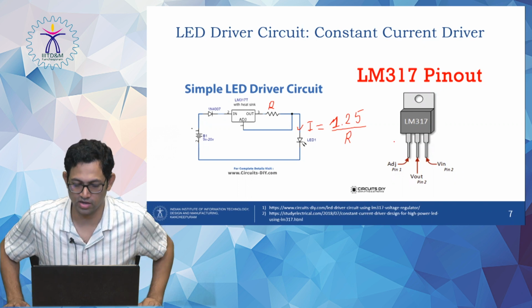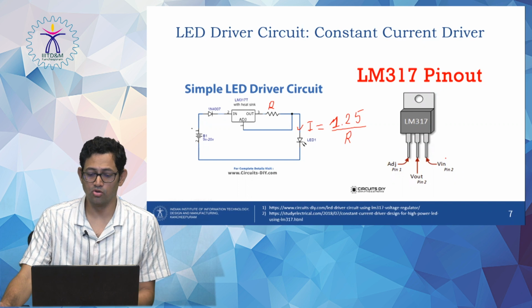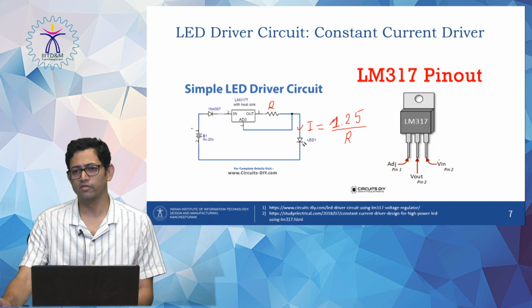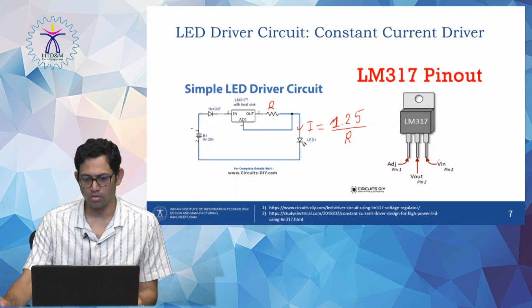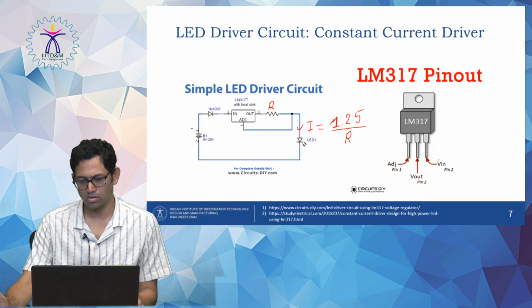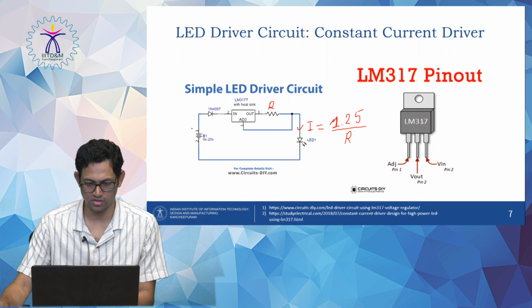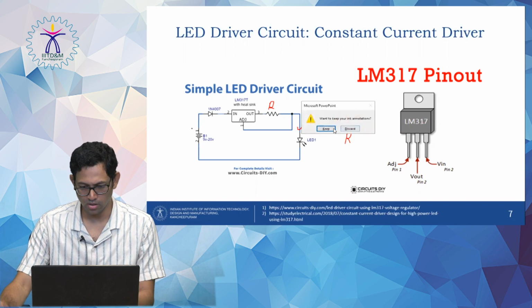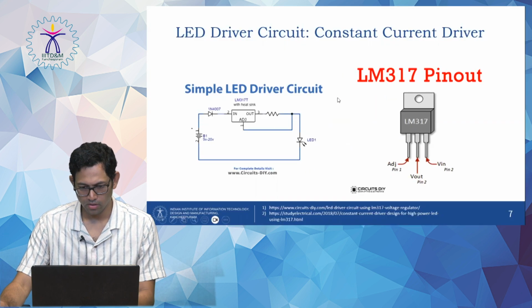You will always get this current when you put in the resistor. For example, if your resistance is around 100 ohms, you will get 1.25 divided by 100, which is 0.0125, so around 12 milliamperes. You can just calculate it out, and that's how you will get it. Okay.